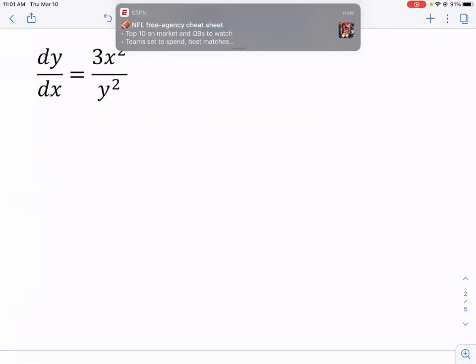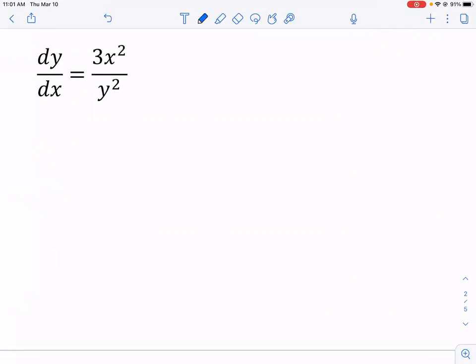In this one, we have dy dx equals. You could have something that says y prime. If you see y prime, change y prime to dy dx. All right, so we want the y's to be with the dy and the x's to be with the dx.